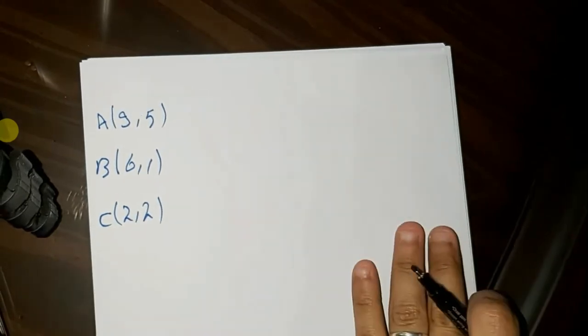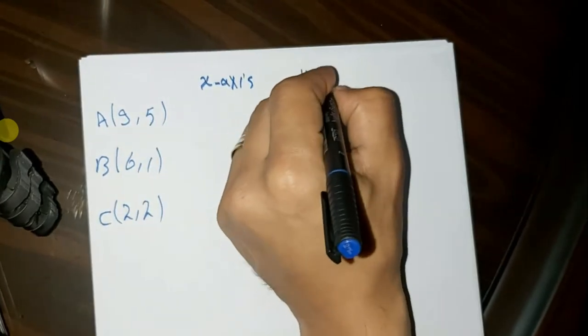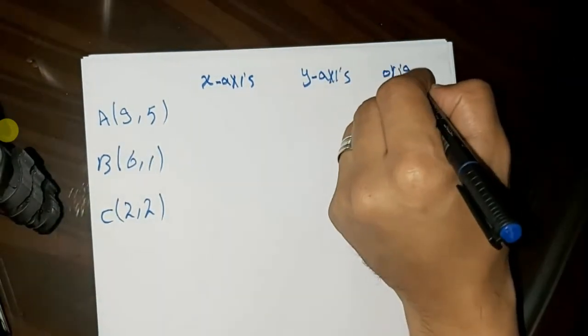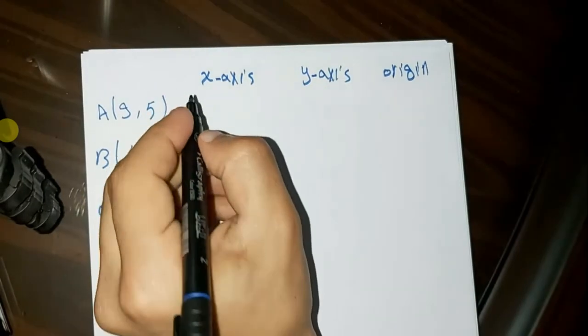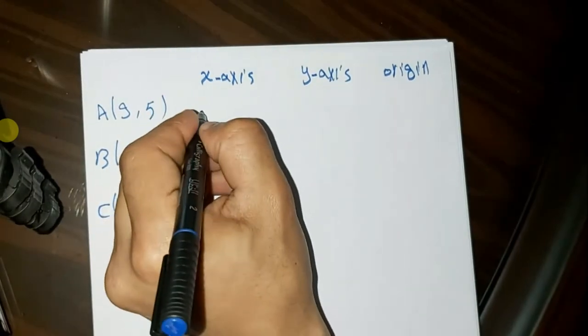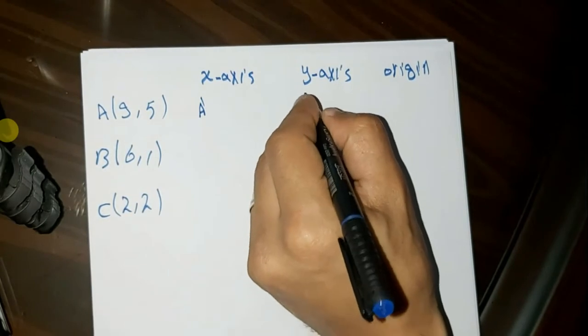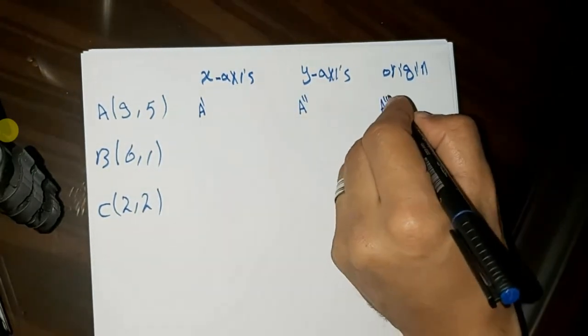Okay, and we want to make a reflection on the x-axis, y-axis, and origin point. I will say that the x-axis image will be A dash, the y-axis image will be a double dash, and the origin point image will be a triple dash.